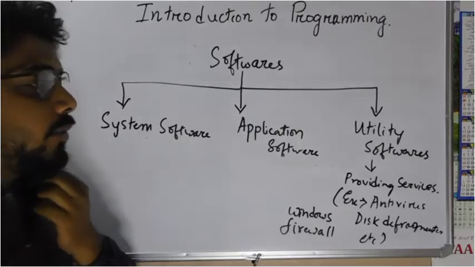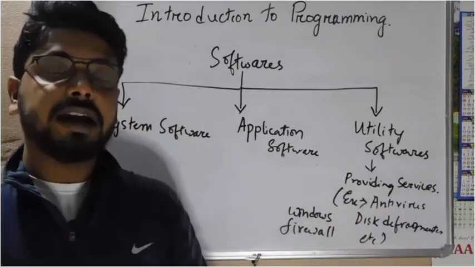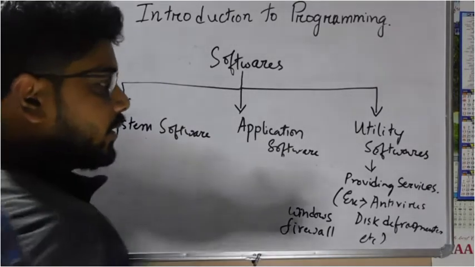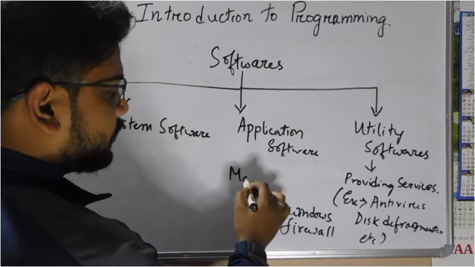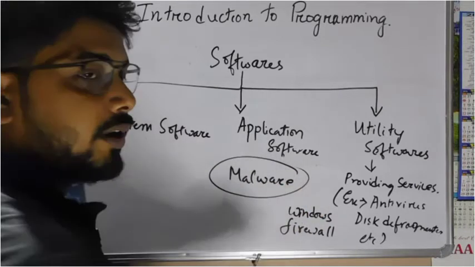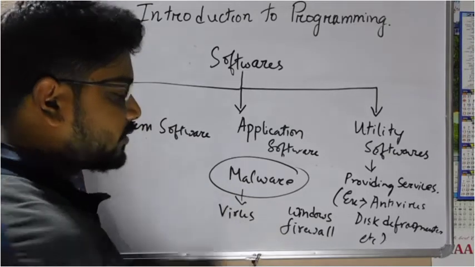For example, your antivirus. What is the purpose of antivirus? Antivirus is a software which helps you to protect against threats. It helps you to protect against malware. Now what is malware? Malware in other terms you may call a virus.